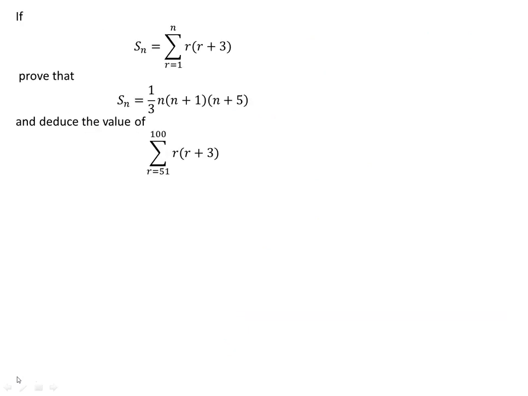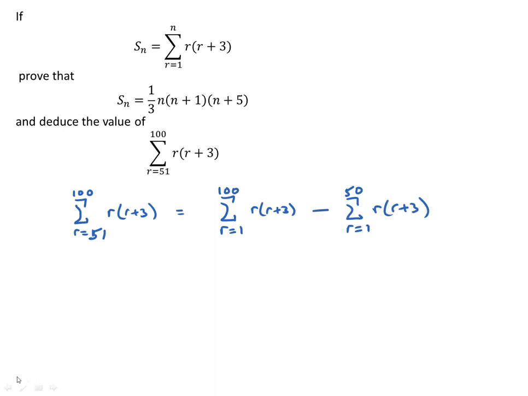For the final part of the question, we had to deduce the value of the sum between r equals 51 and 100 of r times (r plus 3). And that is going to be the sum of all of the terms from r equals 1 to 100 of r times (r plus 3). Then I need to get rid of the terms that I don't want, which is all the terms between 1 and 50 of r times (r plus 3).